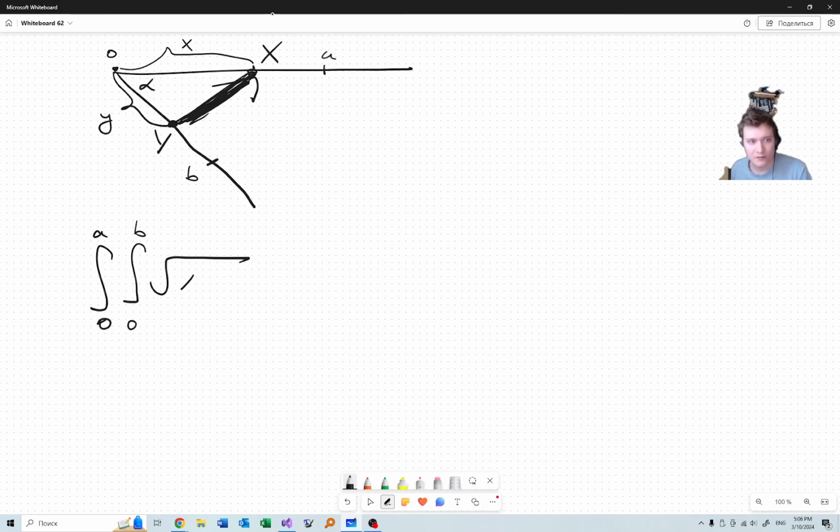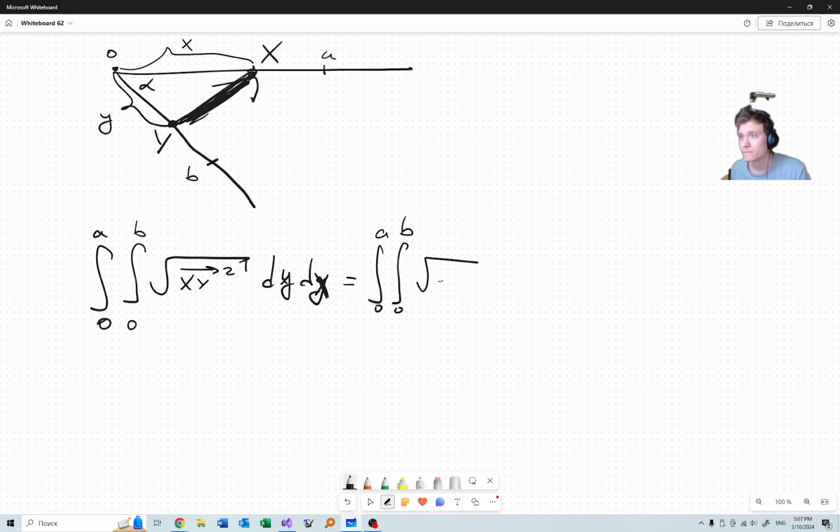Then this is the square root of xy squared, which is... oh, sorry, this is y and this is x, which is the square root of the inner product of xy and xy.